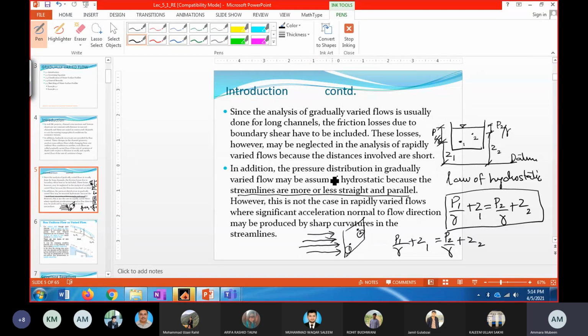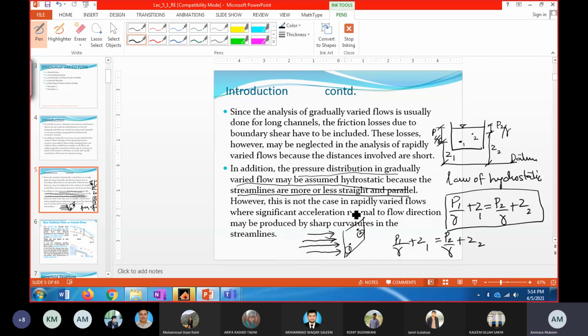So in this case, this is one of the assumptions to compute the water surface profiles in gradually varied flow: that pressure distribution in gradually varied flow is assumed to be hydrostatic. It means that you are assuming parallel streamlines in the gradually varied flow.